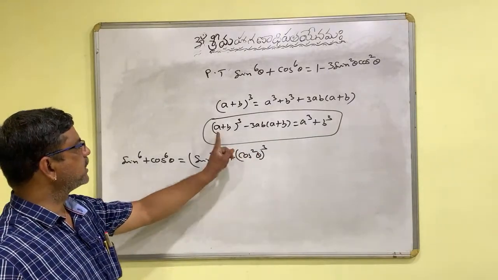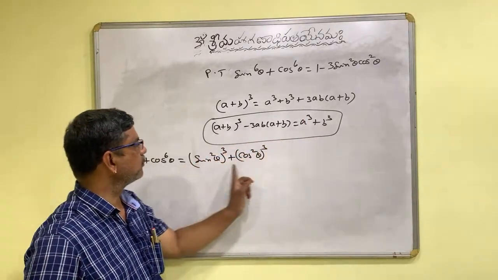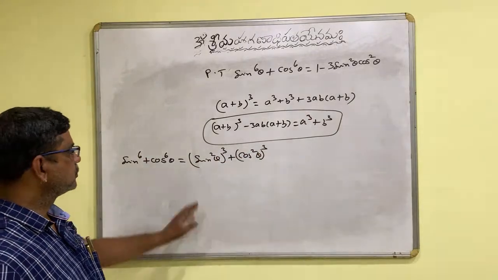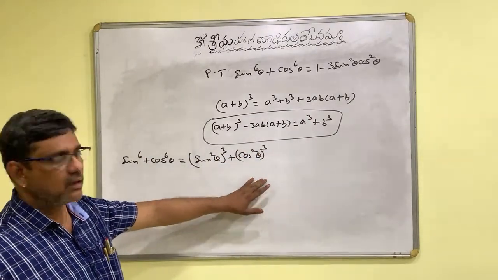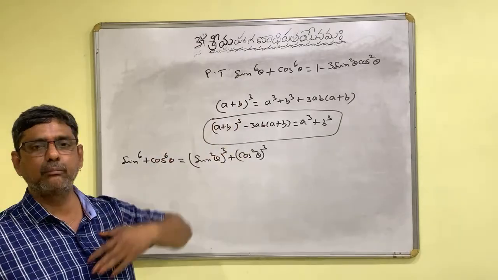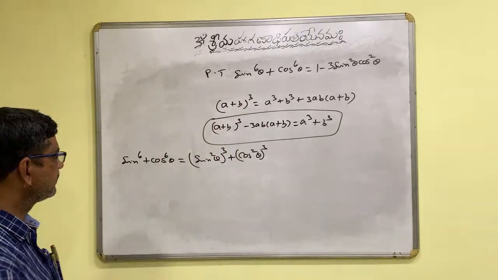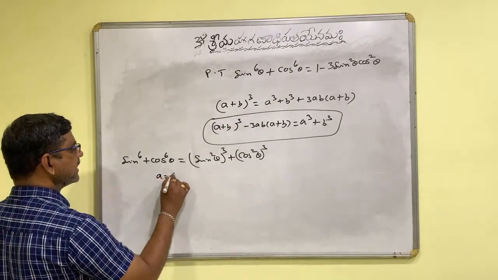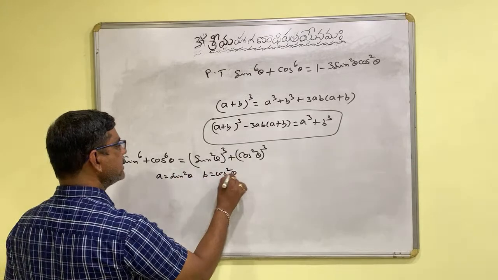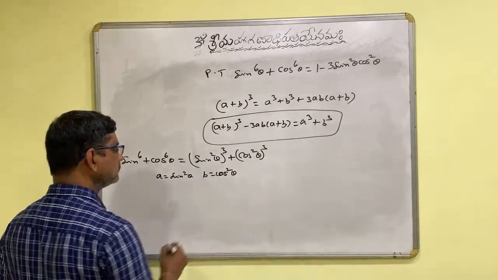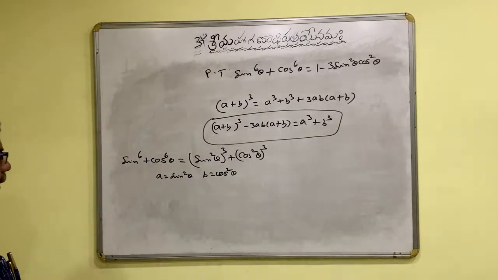A cube plus b cube. Since the problem is converted in the form of a cube plus b cube, I can write that one as a plus b whole cube minus 3ab into a plus b, where a is sin square theta, b is cos square theta. Okay, children?